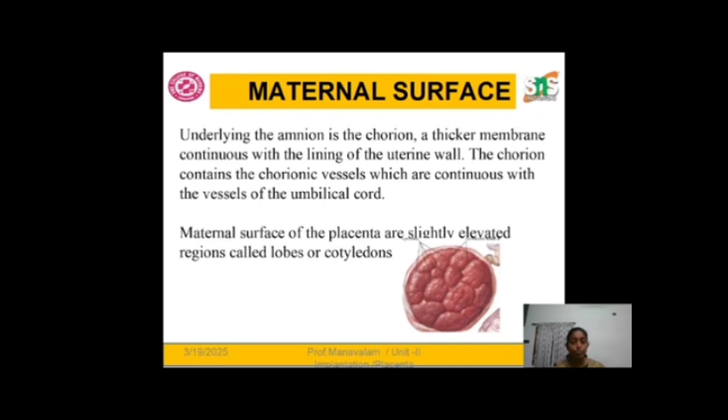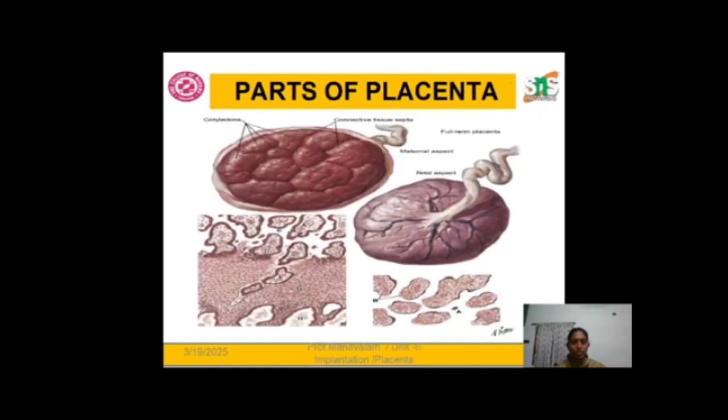We have to note any missing cotyledons. At the same time, we also check the completeness of the placenta. Any infection or calcification also has to be noted while doing the placental examination. So this is about the two surfaces of the placenta, the maternal surface as well as the fetal surface.